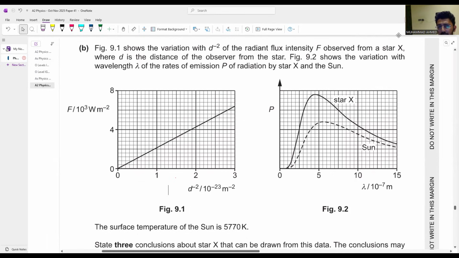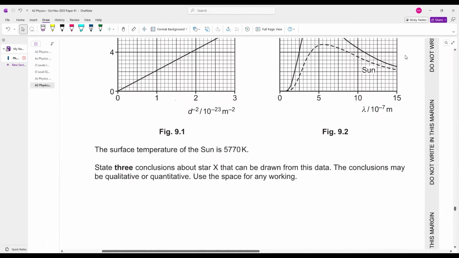Figure 9.2 shows the variation with wavelength of the rate of emission P of radiation by star X and the sun. You are also given a graph of rate of emission versus wavelength, and the surface temperature of the sun is given.